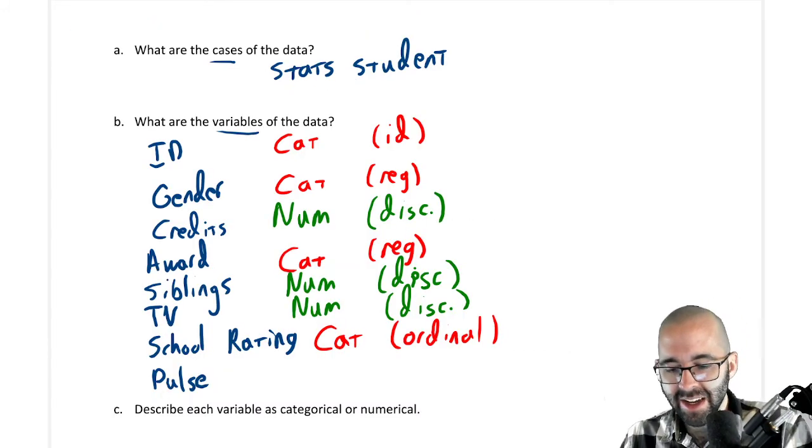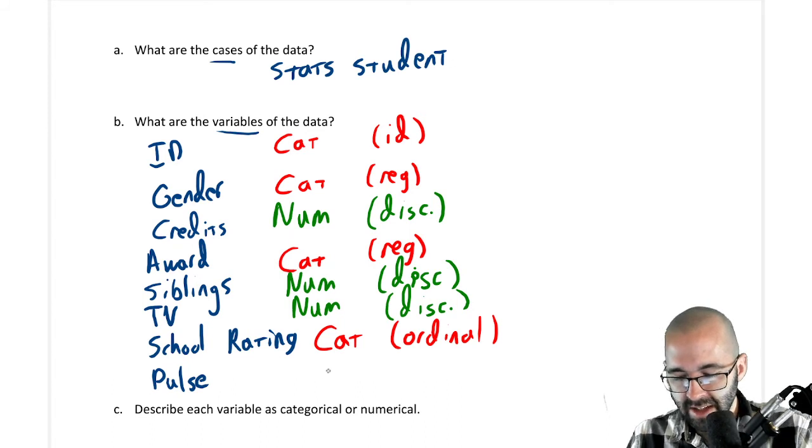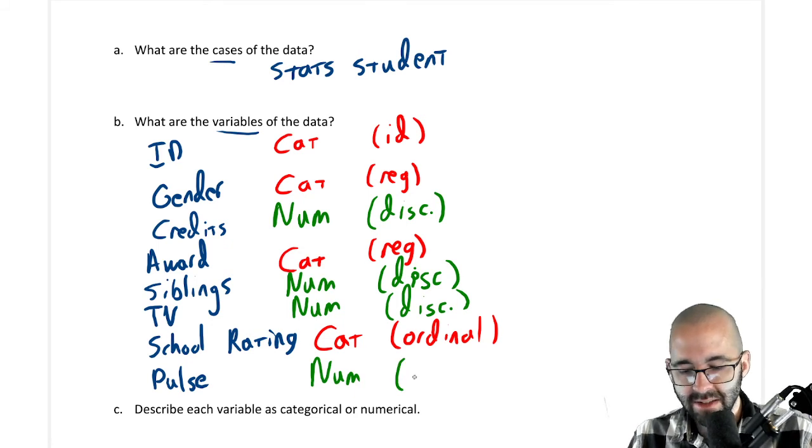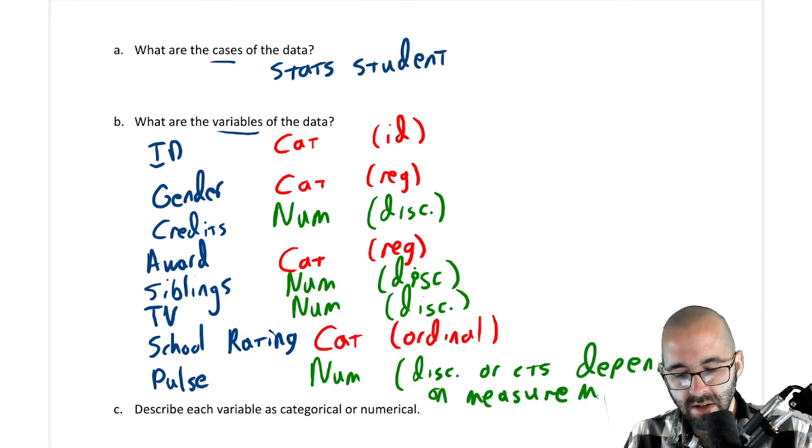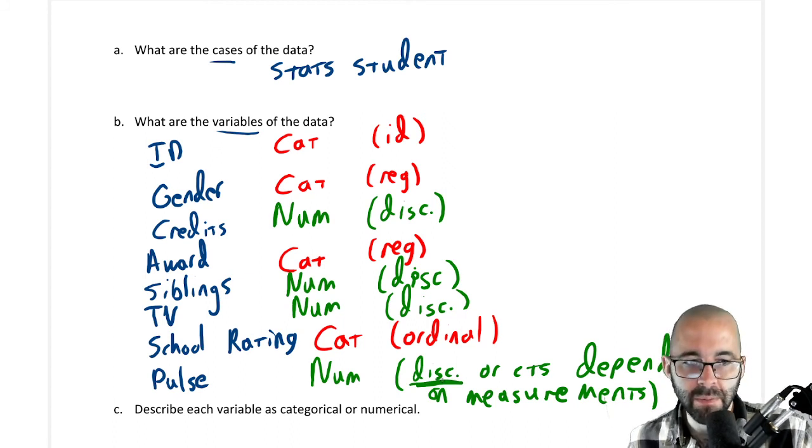I could see it either way. But either way, it is numerical. And let's say, I'll take either answer, depending on how it's being measured. Usually we'll think of pulse as discrete.